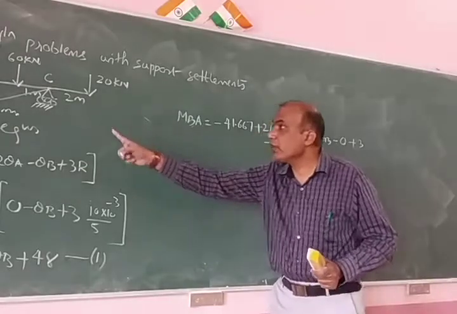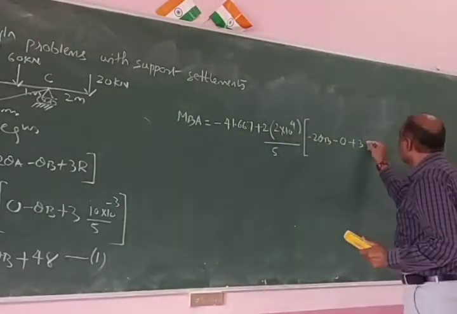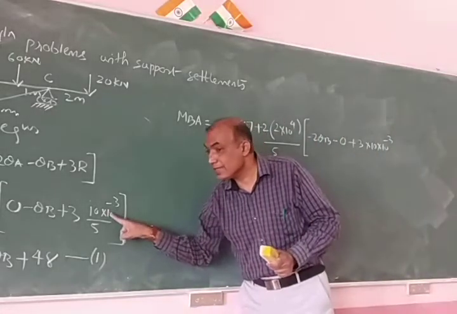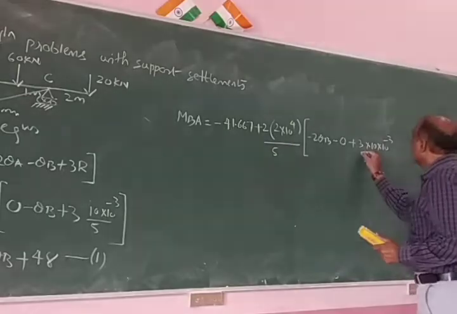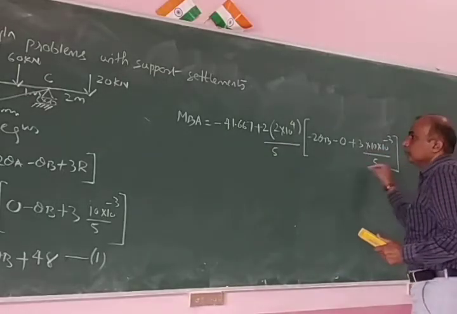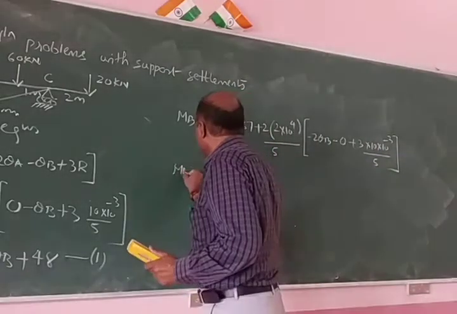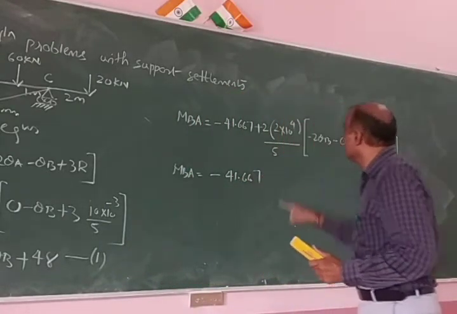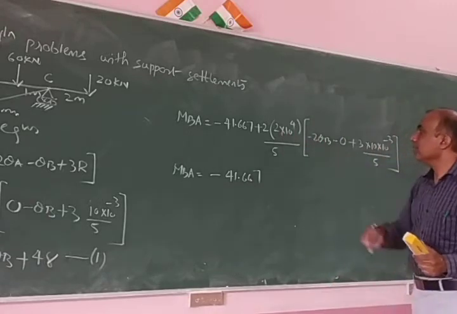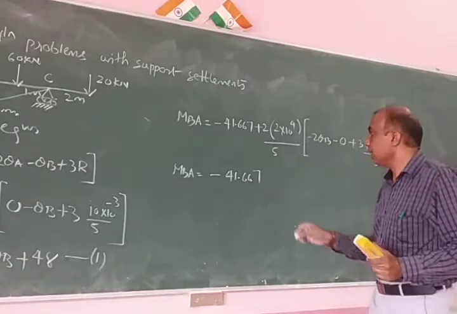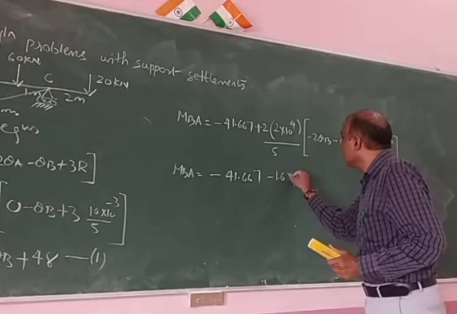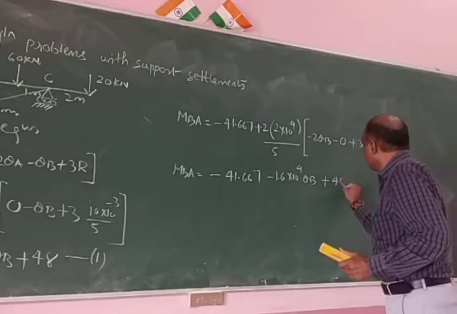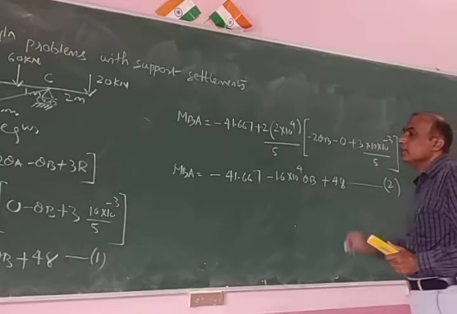Again, R is positive for AB and BA, plus 3 into 10 into 10 to the power minus 3. Why is it 10 into 10 to the power minus 3? Because it is in millimeter, I have converted to meter, divided by 5. So MBA, if you simplify, will be equal to minus 41.667, 2 into 2, 4 into 2, 8 by 5, it is nothing but minus 1.6 into 10 to the power 4 theta B, again plus 48. This is equation 2.